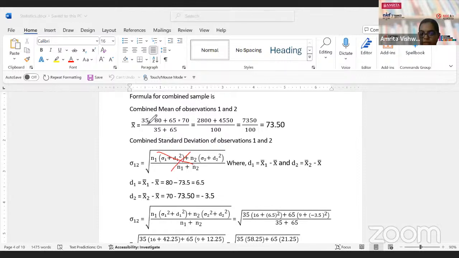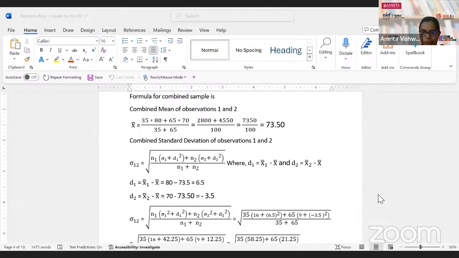This becomes the very first one where you multiply the mean and the number of observations, plus the second one, divided by the total number of observations, that is 35 plus 65. I think Google has given an option. I'm so sorry, I forgot to check that. It was written as something called B.